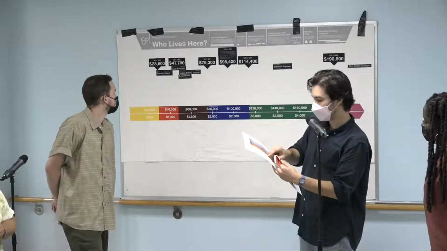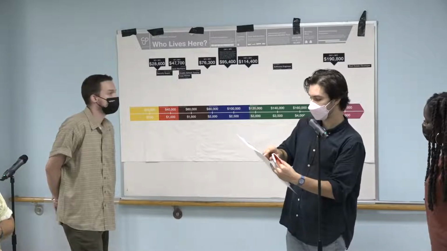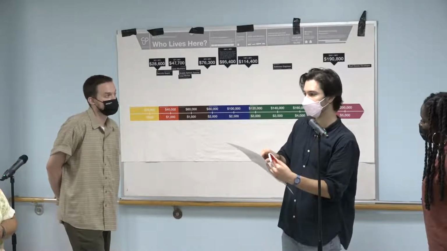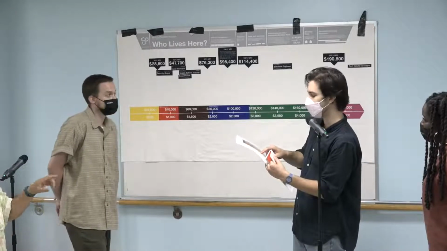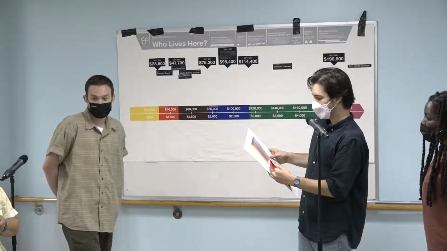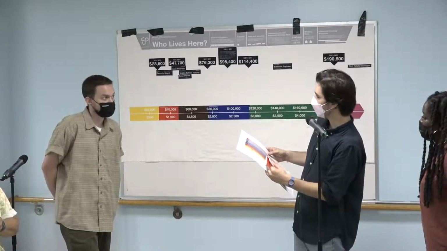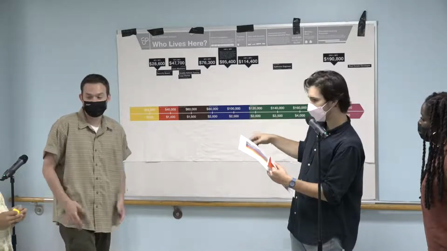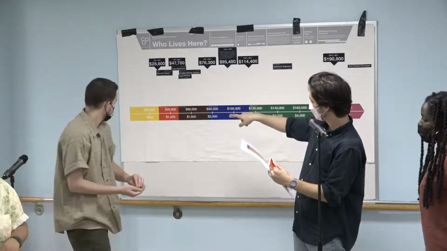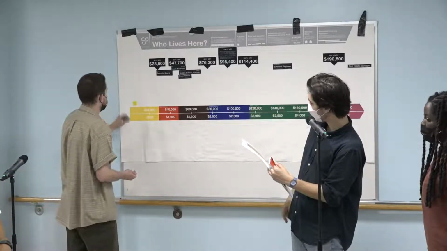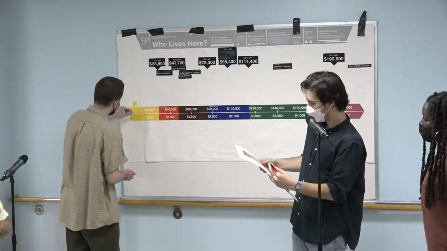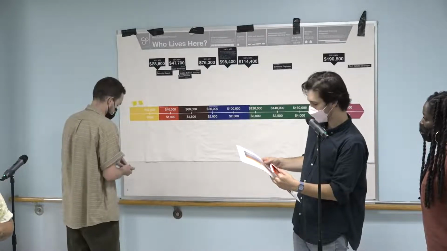We have almost 9,000 families. It's 8,954. In the yellow. So if you could please put 9 squares above the yellow income category, perfect.